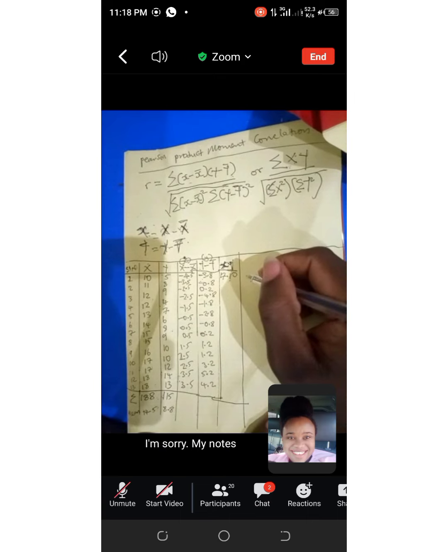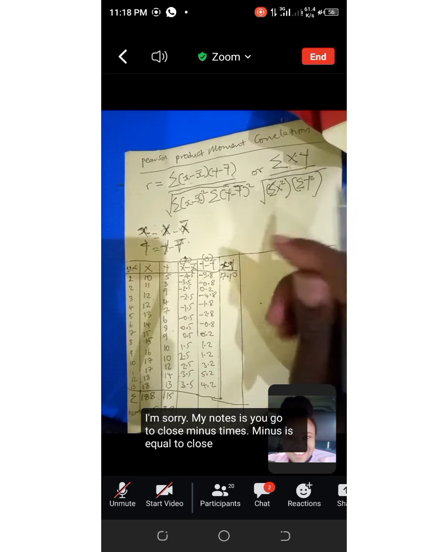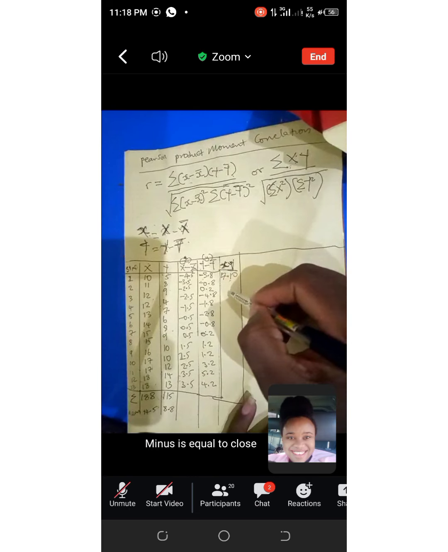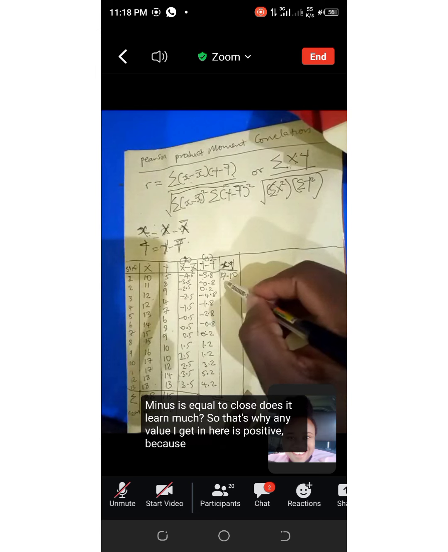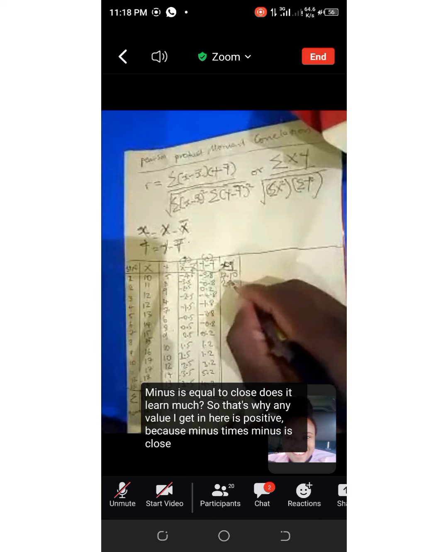Minus times minus is equal to plus. That's a law in maths. So that's why any value we are getting here is positive, because minus times minus is plus. So let me put here 2.8.